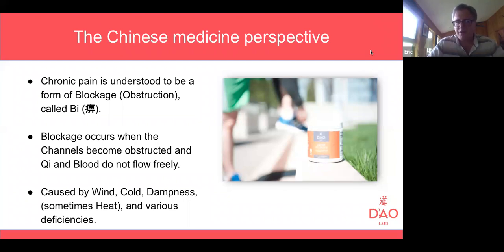Now, what causes that obstruction? Classically, it's going to be wind, cold, and dampness, but also sometimes heat. And the deficiencies themselves don't necessarily cause the obstruction, but they can work in complicated ways with these other pathogens to really make it a difficult problem to treat. Okay, we're going to get into that a little bit more in a second.